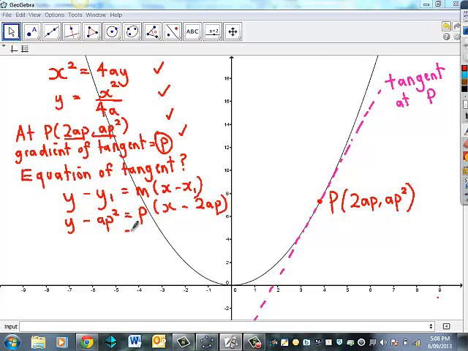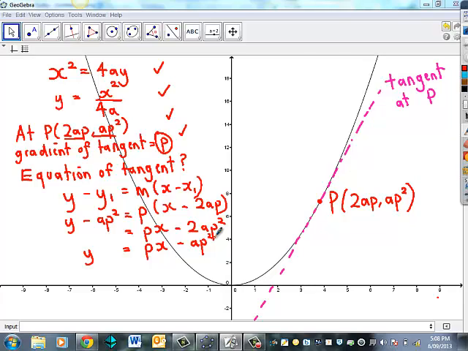Now let's just tidy that up by expanding, and we'll get px minus 2ap squared. And if we combine like terms by adding ap squared to both sides, we will just get y equals px minus ap squared.